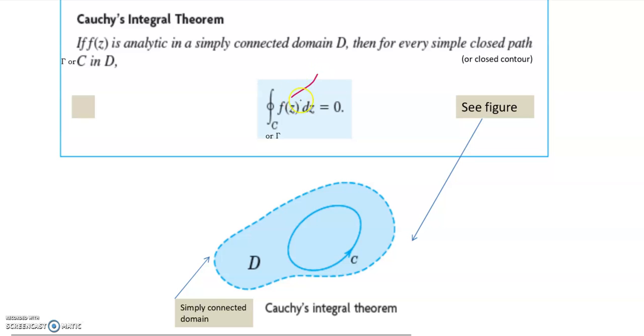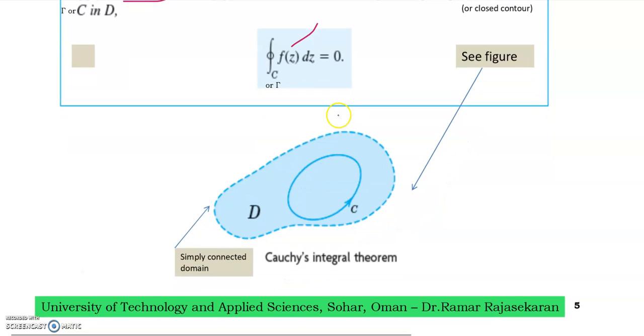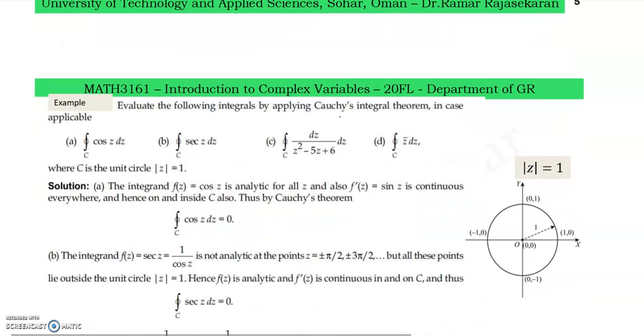What is this function? This function is analytic. That is a condition. Directly we can write the integral over C, a simple closed path. If the function f of z is analytic, then find the integration, definitely it is 0. Okay, now we'll see a few examples.